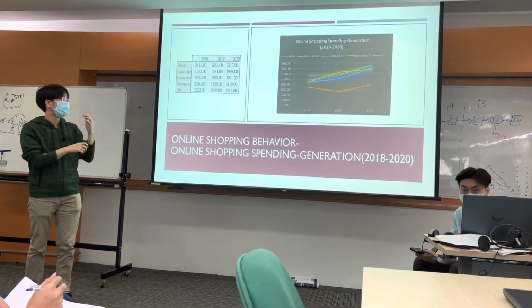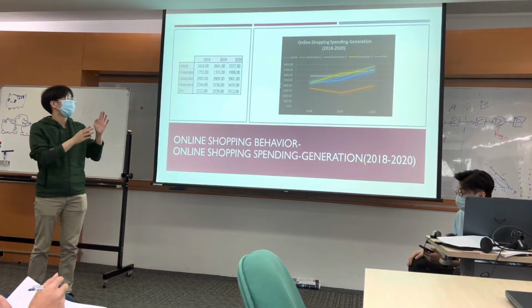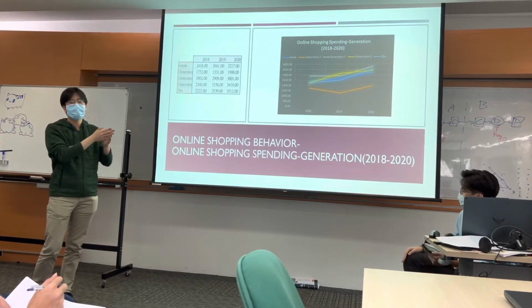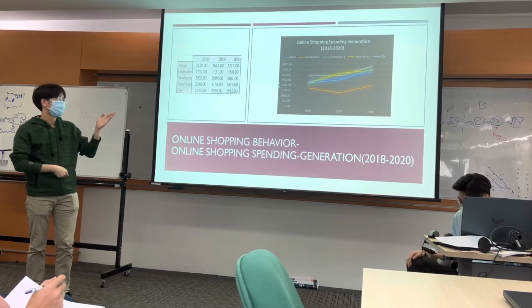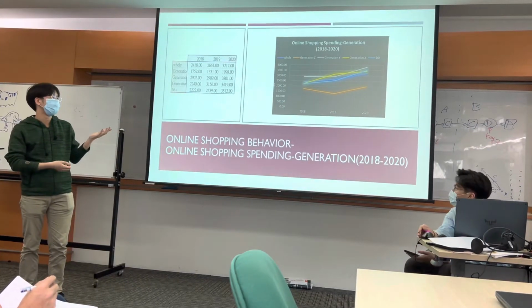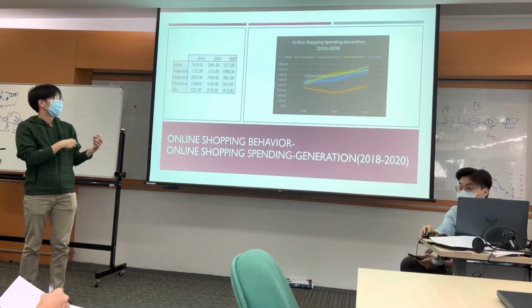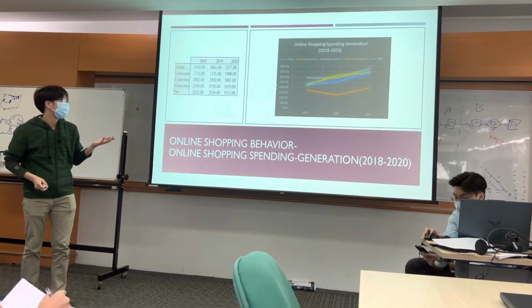I'm not sure about this either, because 2020 is a pandemic. I think everyone should increase because we can't go outside, but it's actually declining. I'm not sure, so we need to analyze the data, and then we may be able to explain the situation.